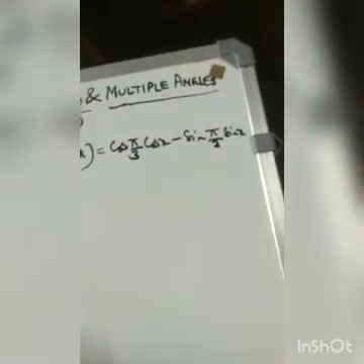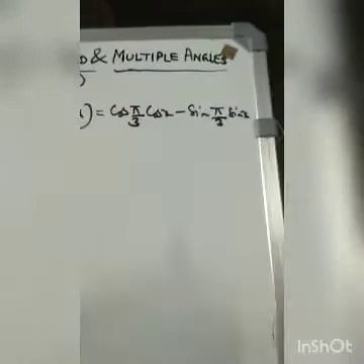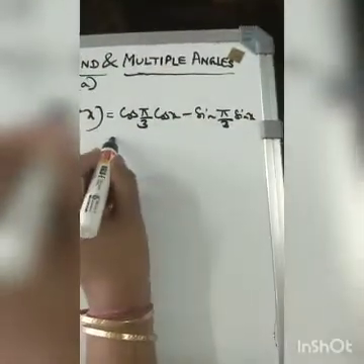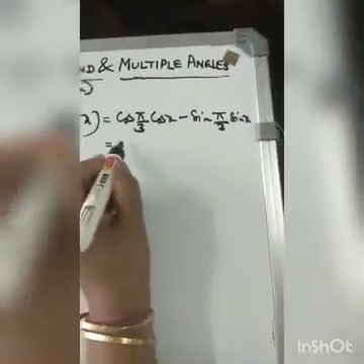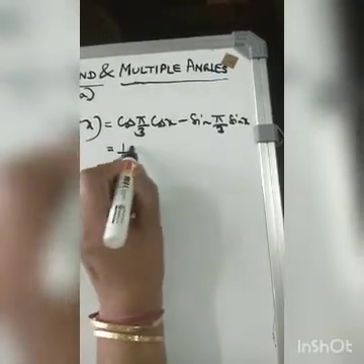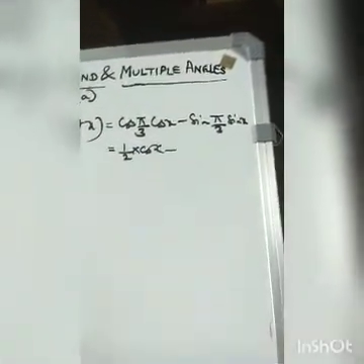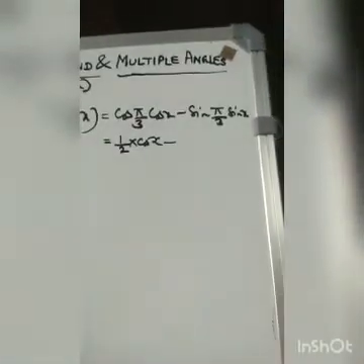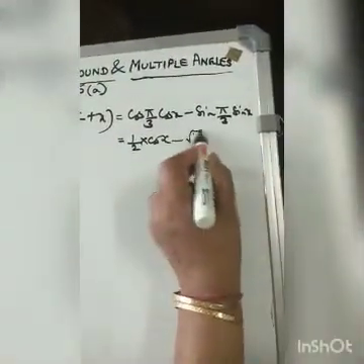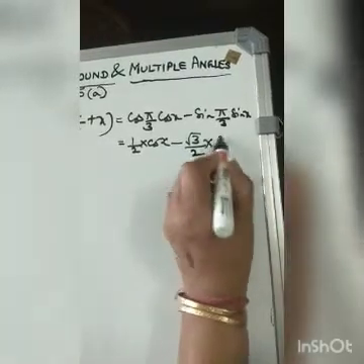And now put the values. If you put the values, cos pi/3 is half into cos x, minus sin pi/3 is root 3 by 2 into sin x.